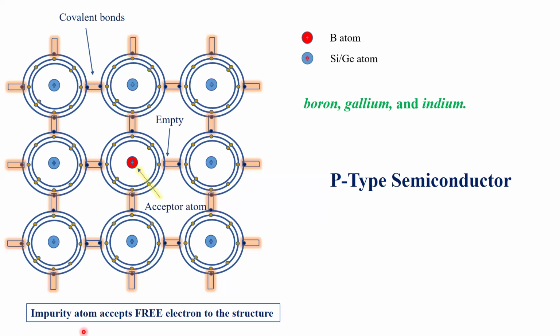The impurity atom accepts free electrons into the structure. That's how we dope germanium or silicon with the impurity atom, leaving an insufficient number of electrons to complete the covalent bonds of the newly formed lattice. The resulting vacancy after addition of this atom is called a hole, and it will readily accept free electrons coming right over here.